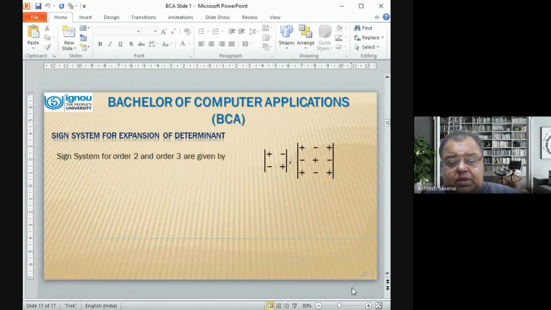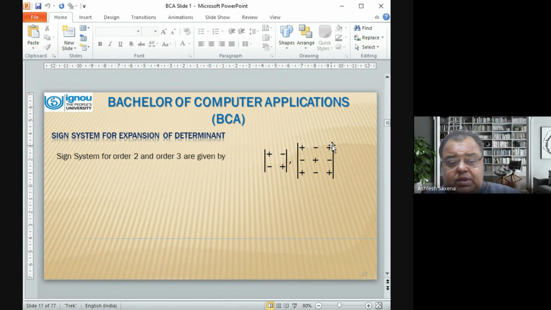Remember this form. This I have done just right now. If it is a 2 by 2 matrix, multiply these two, subtract these. If you are opening a 3 by 3 matrix, the first one is plus, second one is minus, third one is plus. That was what I was doing across a column.